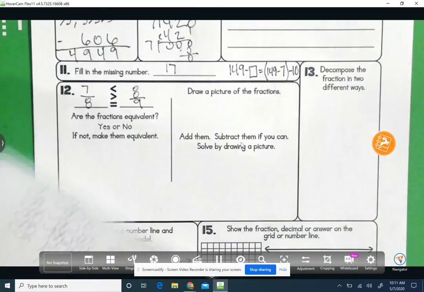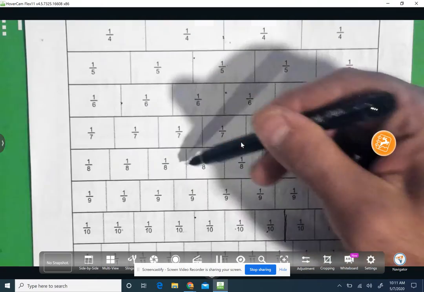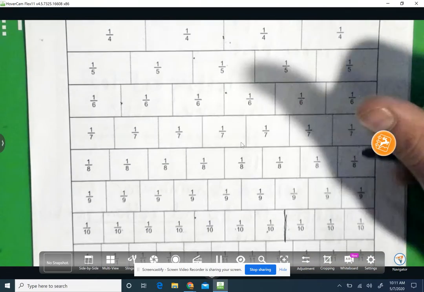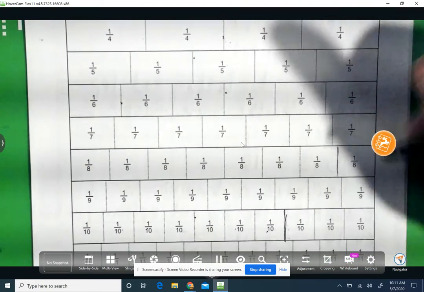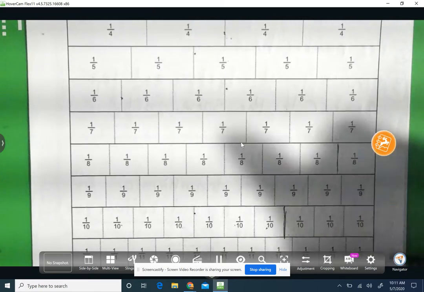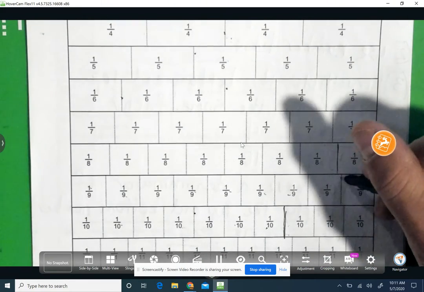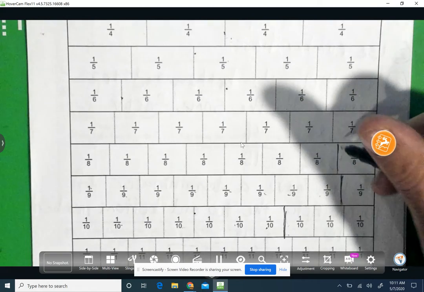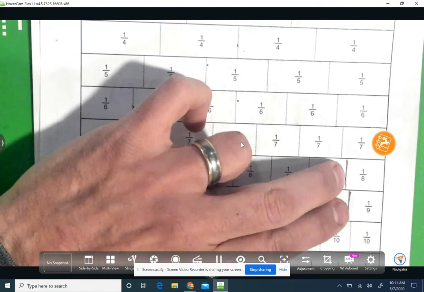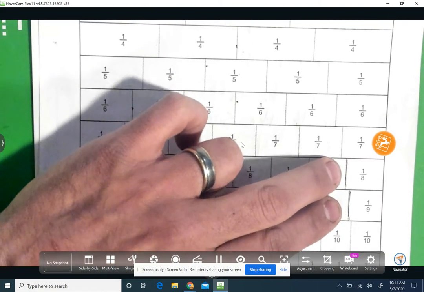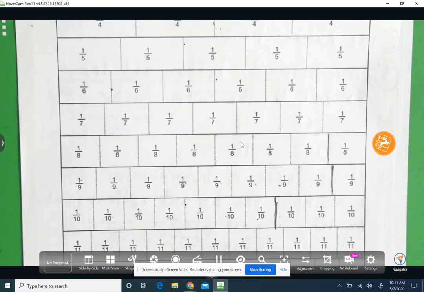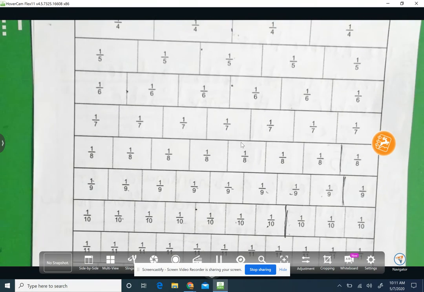If I have 7 eighths, 1, 2, 3, 4, 5, 6, 7, that puts me there. And if I have 8 ninths, I have 1, 2, 3, 4, 5, 6, 7, 8. That puts me there. Being 1 away from the denominator sure makes it close, but they are not the same. They are not equivalent.